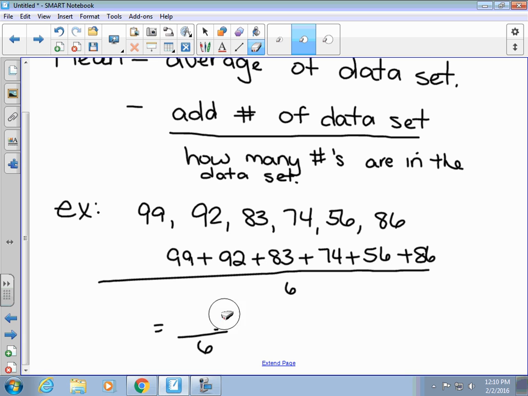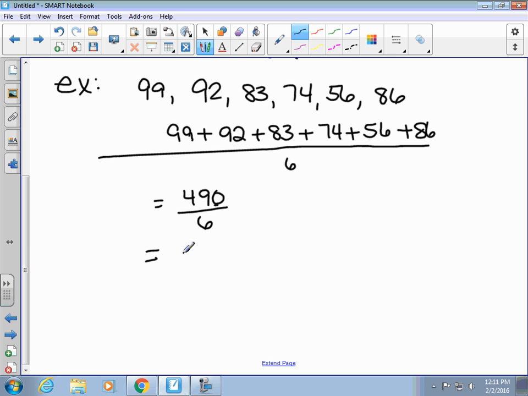All right, so we're going to erase that and put in the 490. And what is 490 divided by 6? 81.6. So if I round that, what would that be? 82, okay.